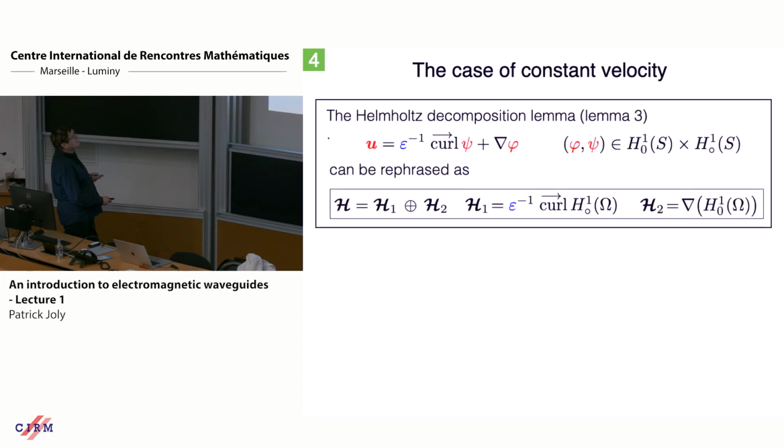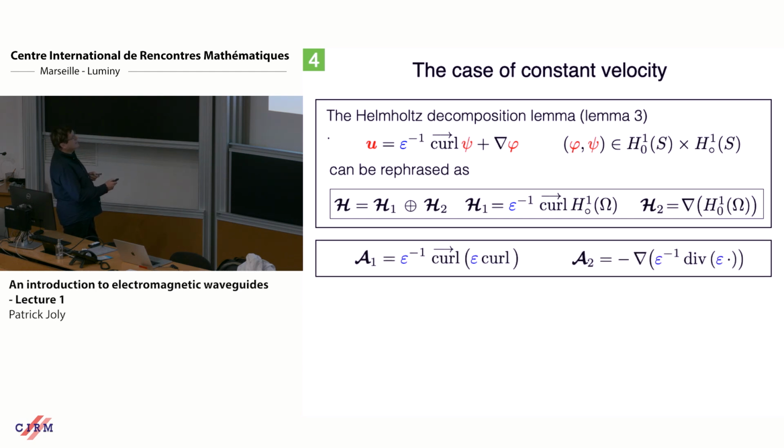So remembering what I said before, that the space of the Helmholtz decomposition, the space H of L2 vector fields, can be written as the orthogonal sum of the images of H1 circ and H1 0 by the two first order operators, which were epsilon minus curl and gradient.